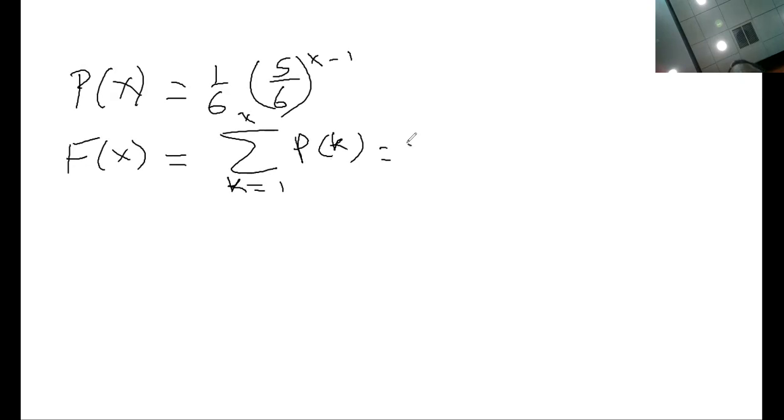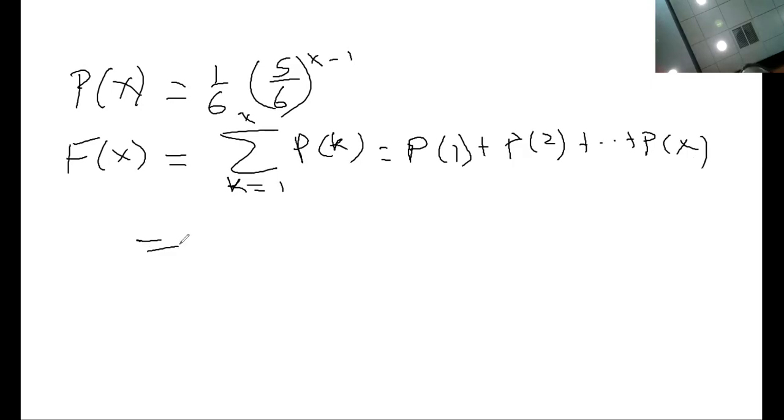We defined the cumulative distribution F of x as the sum of p of x moving from 1 to x. Actually, I'm going to put k here. So which is p of 1 plus p of 2 plus p of x.